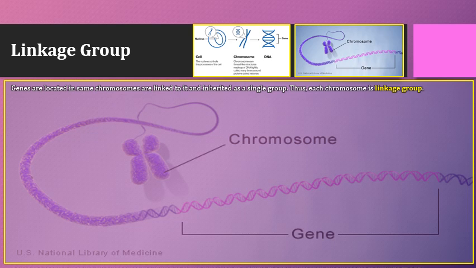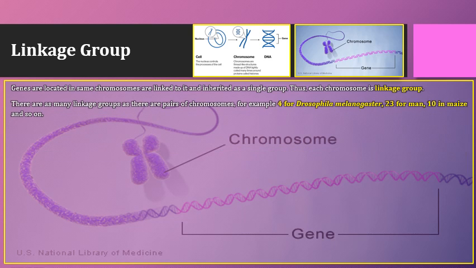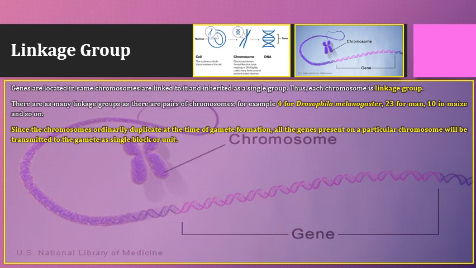Genes located in the same chromosome are linked and inherited as a single group. Thus each chromosome is a linkage group. There are as many linkage groups as there are pairs of chromosomes. For example, 4 for Drosophila melanogaster, 23 for man, 10 for maize and so on.